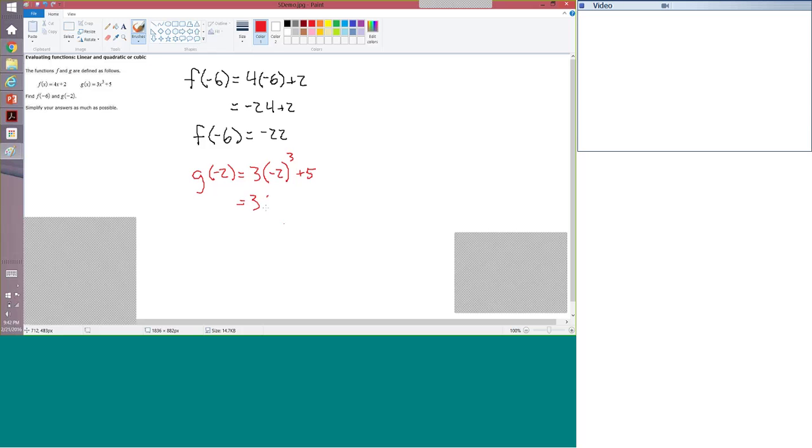So I have 3 times negative 8 plus 5. 3 times negative 8 would be negative 24 again, plus 5. So my g of negative 2 is equal to negative 24 plus 5, which is negative 19. Are there any questions about that?